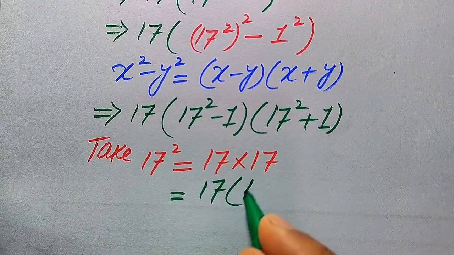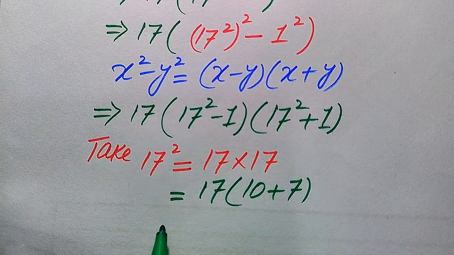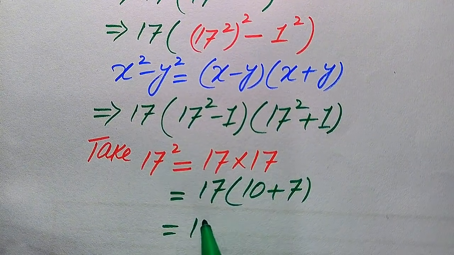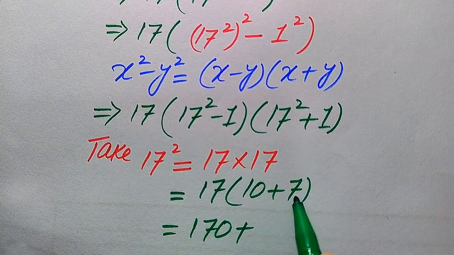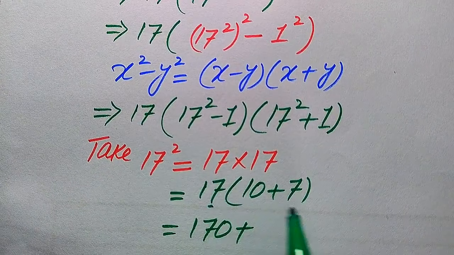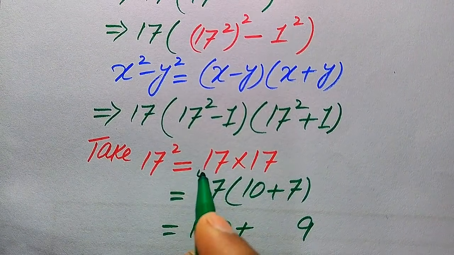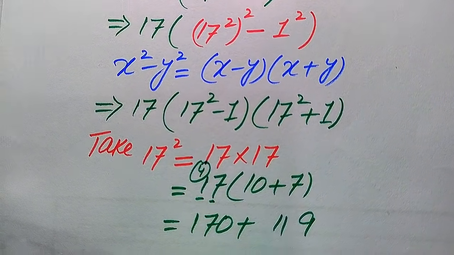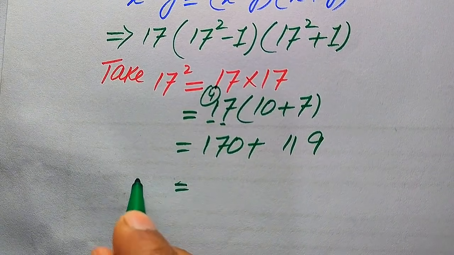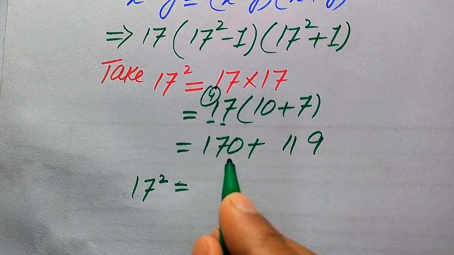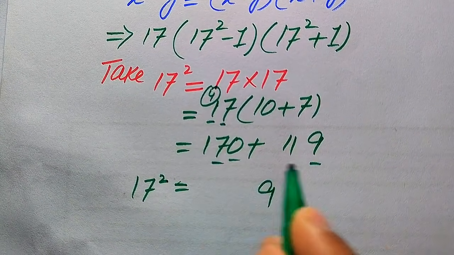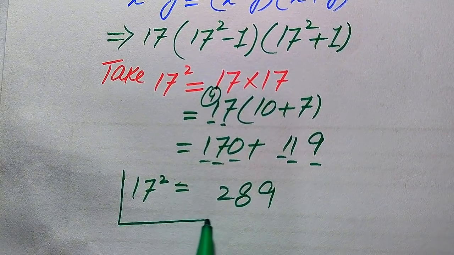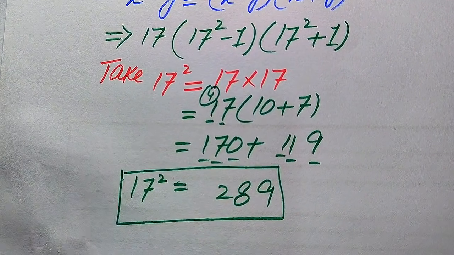So we write this 17 as 10 plus 7, and when we multiply 17 on both of these two values, it will be written as 17 times 10 becomes 170, 17 times 7: 7 sevens are 49, we write 9 and carry 4, 7 ones are 7, and 7 plus 4 becomes 11. So we need to sum up both of these two values and we get 17 square. So 0 plus 9 becomes 9, 7 plus 1 is 8, 1 plus 1 is 2. This means that 17 square equals 289.